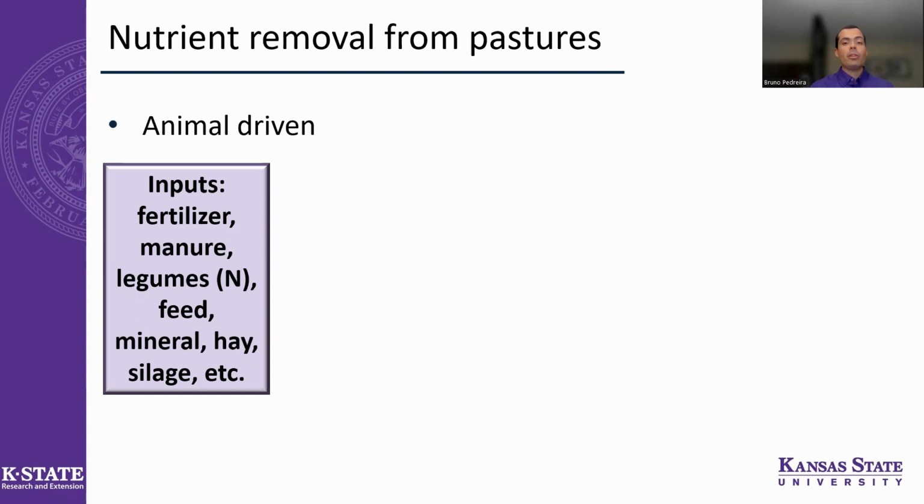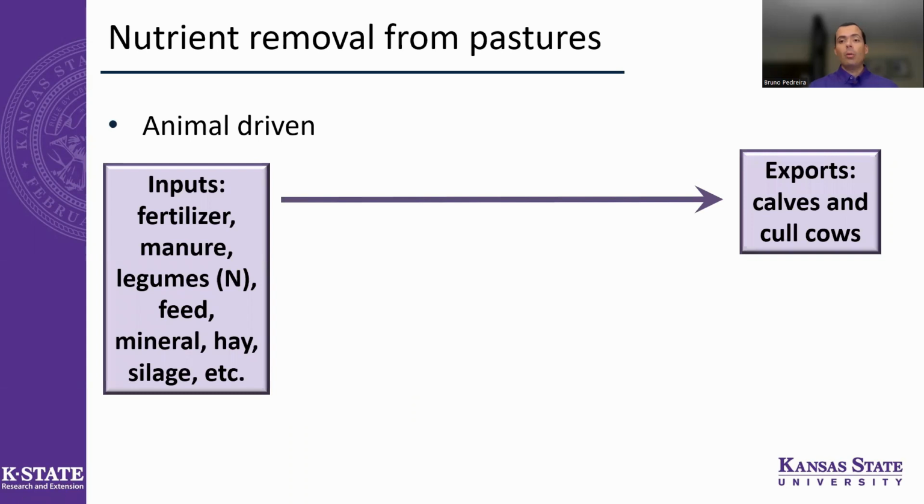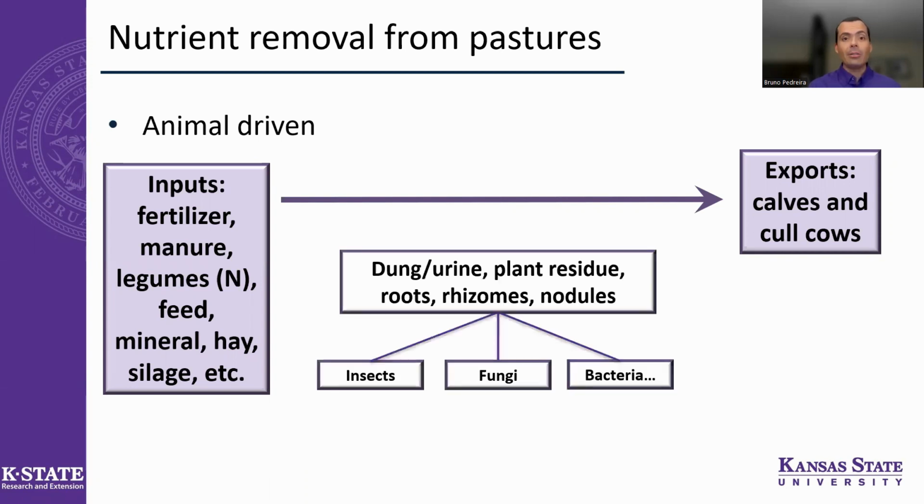So how do we understand the way we are removing nutrients in systems like this? Well, first of all, if we are in a grazing situation, we will have an animal-driven system. What it means is that we have a lot of inputs, fertilizers, manure, legumes, feeds, all we are offering to the animals in that system. But by the end of the day, we are exporting as well. We are sending animals out of the farm.